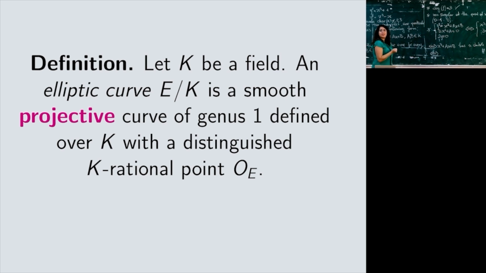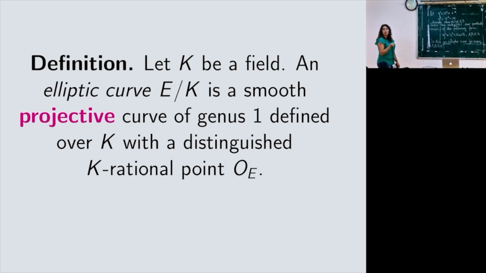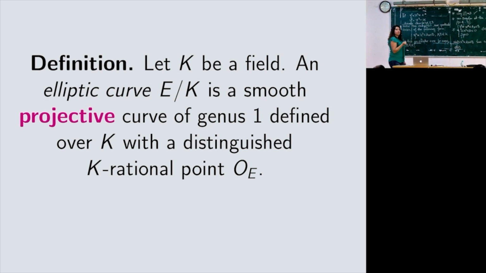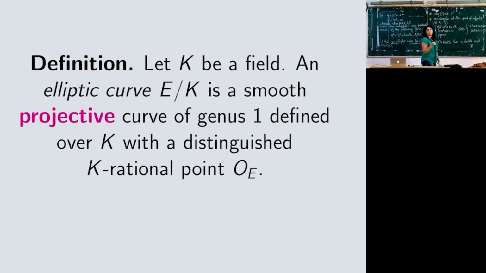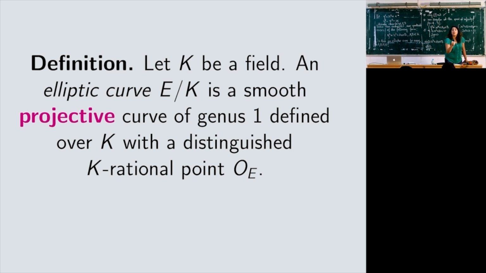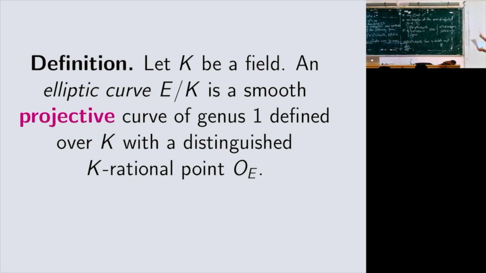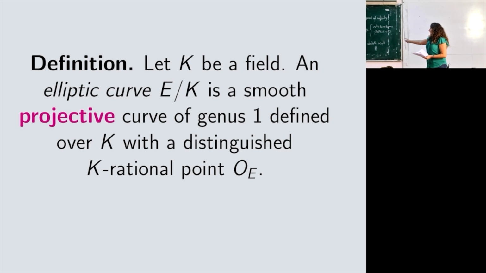What is something that captures this information? For a polynomial of degree 2, when this is true?